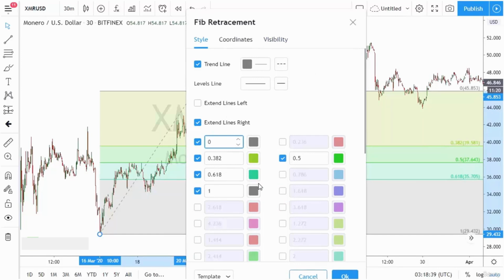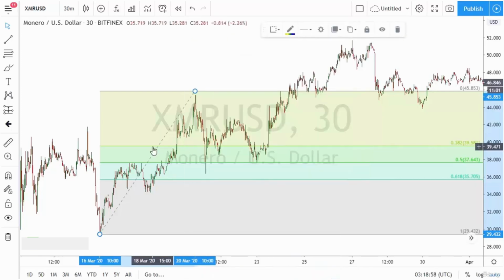I only have the important ones, the 50, the 61.8, the 38.2%. There are other ones like the 78.6, et cetera, et cetera. But really, those aren't used anywhere near as much. It's these three levels, 38.2, 61.8, and the 50%, that tend to attract the most attention.